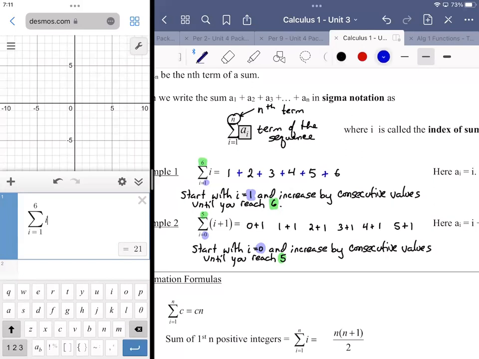Get those results and add them all up. And that's what this expansion is telling you.